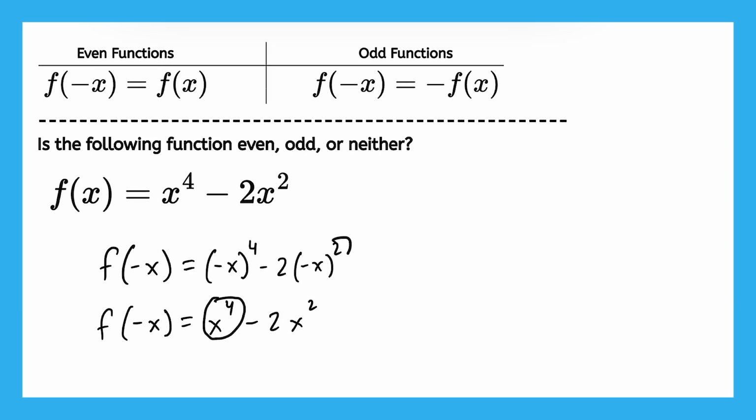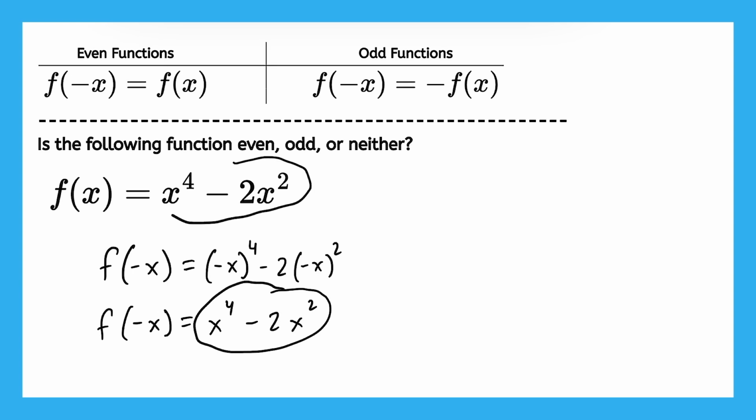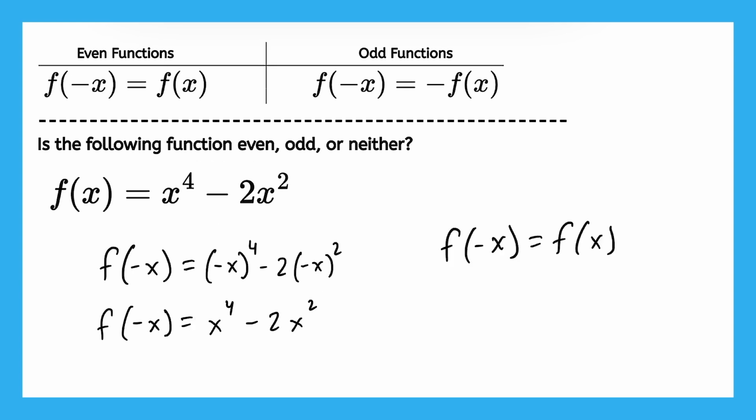And again with an even exponent here, we get x squared in place of negative x squared. And now look at that. f of negative x is x to the 4th minus 2x squared, and f of x is x to the 4th minus 2x squared. That tells us that f of negative x is equal to f of x, and therefore we have an even function.